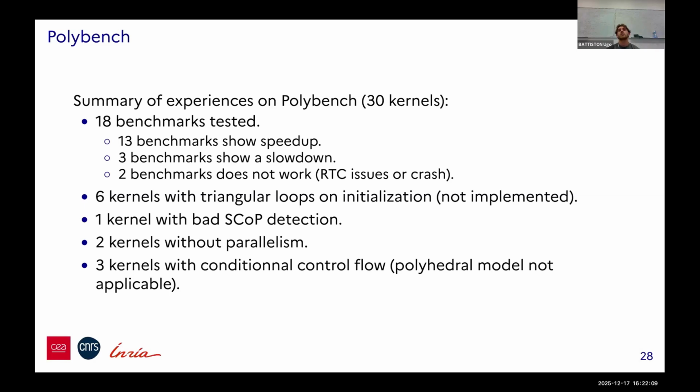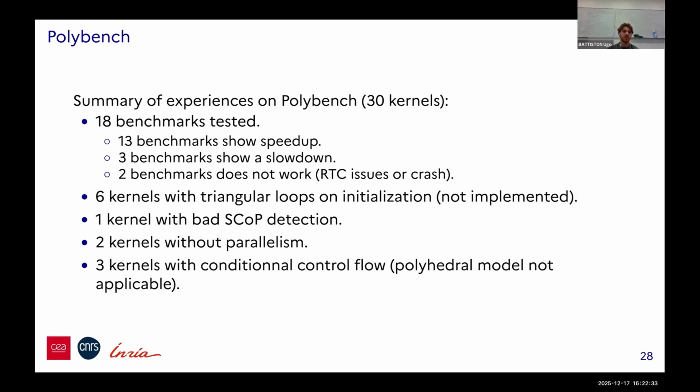I show triangular loops with the iterator in conditions because I use LLVM 19, and in this version we can do peeling back, so we can extract the last iteration of a loop, but it's future work.